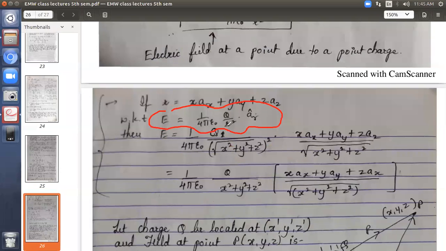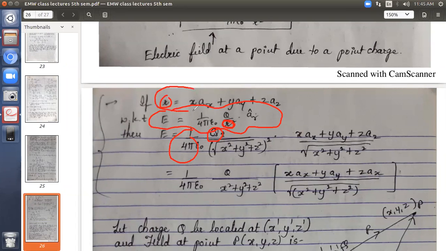Here we will substitute r square. 1 by 4 pi epsilon naught is as it is, charge q is as it is, divided by r, which is actually the position vector's magnitude squared. The denominator indicates the magnitude, it is not a vector.